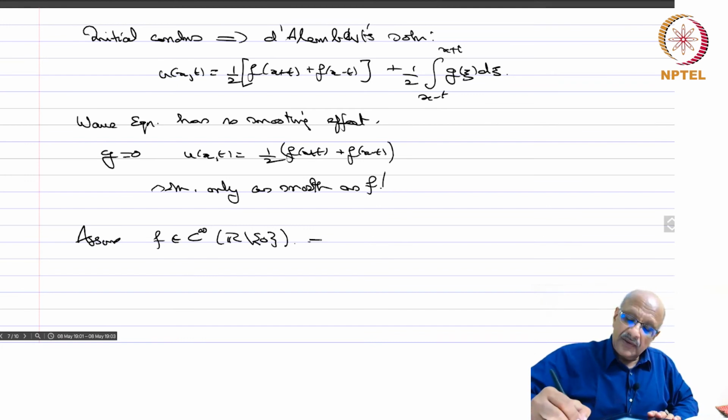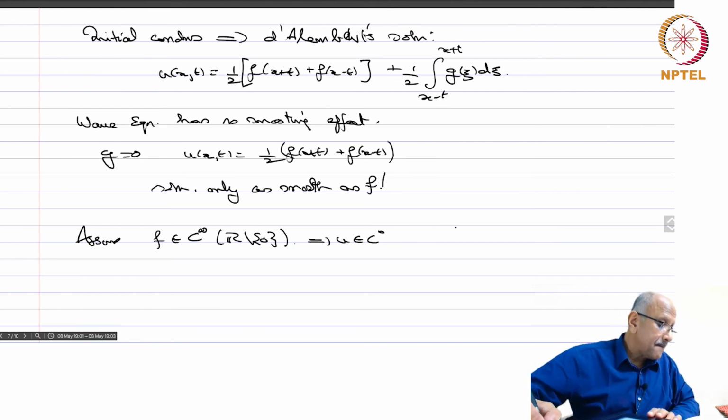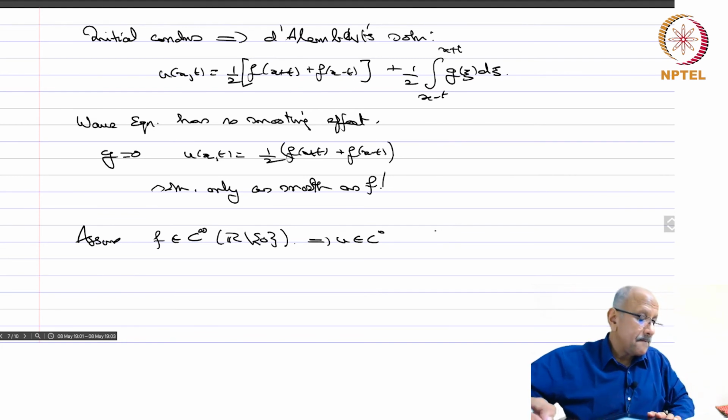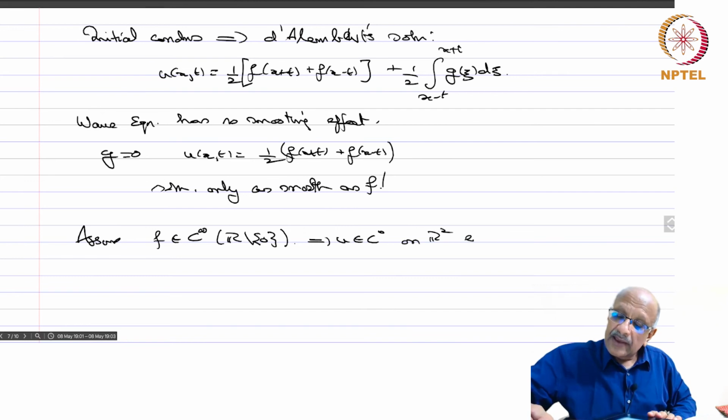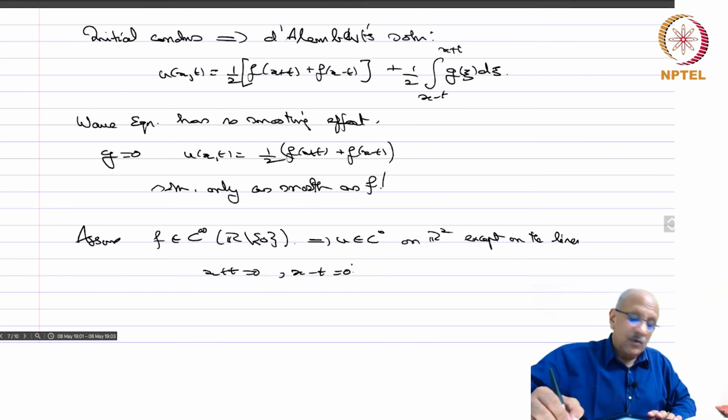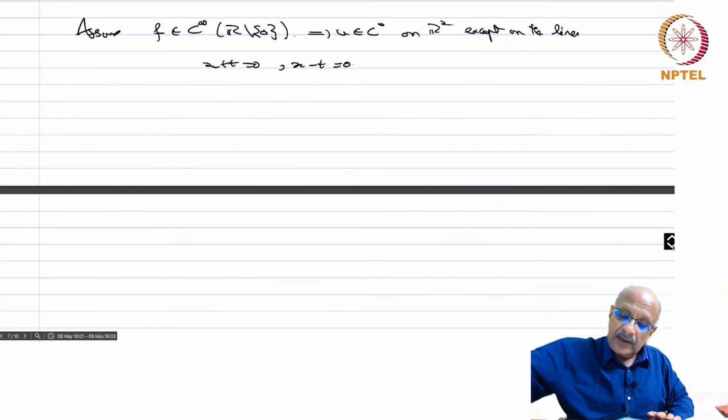Then this implies u is C infinity on R² except on the lines x + t equal to 0 and x − t equal to 0. So these are called the characteristic curves.